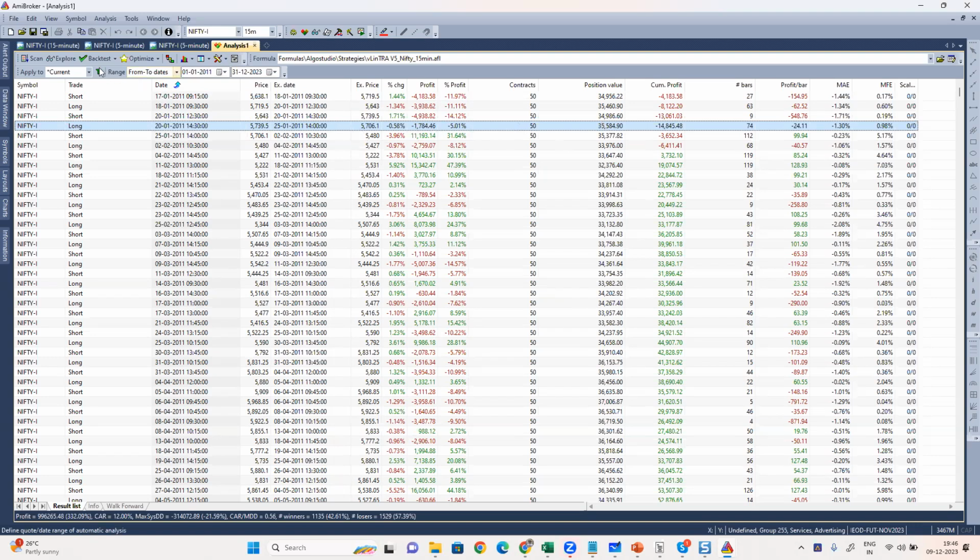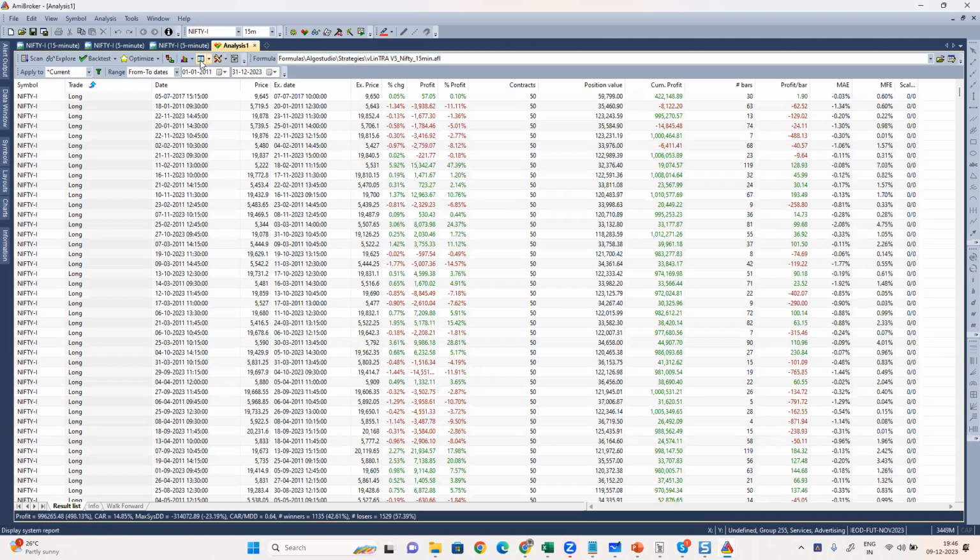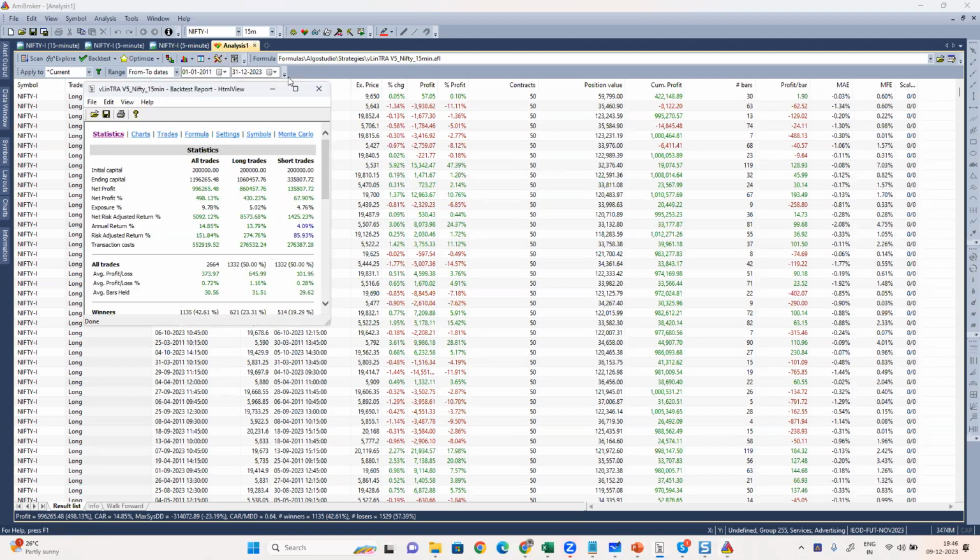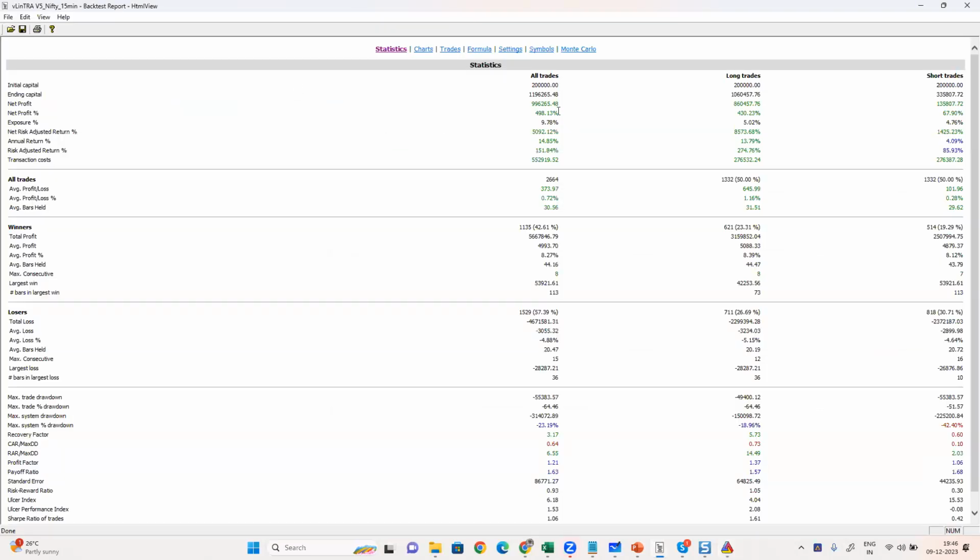If I keep it as 2 lakhs, this is the outcome I'll be getting over here. Right, so 2 lakhs capital would have gone to almost 12 lakhs, with 2,664 trades. Win rate is like 42%. As I said, these are trend following strategies. Typically, trend following strategies on a lower scale will have somewhere around 40 to 45.